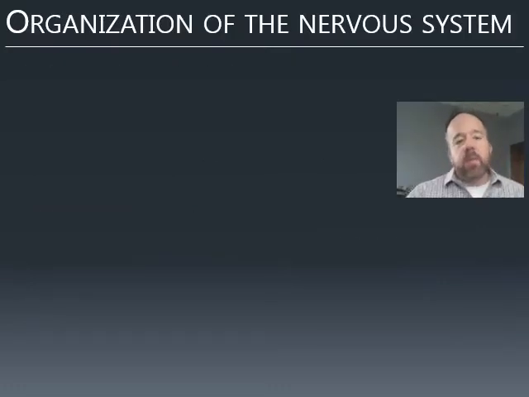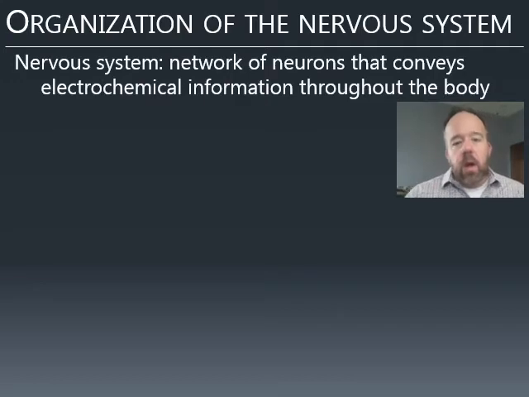Okay, so the nervous system as a whole is a network of neurons that conveys electrochemical information throughout the body. And that's true for any animal with a nervous system. Let's break this apart a little bit. So we have the idea of a network of neurons, individual cells that communicate with one another, passing information back and forth. And that information is electrochemical.